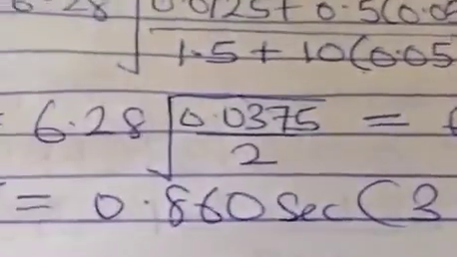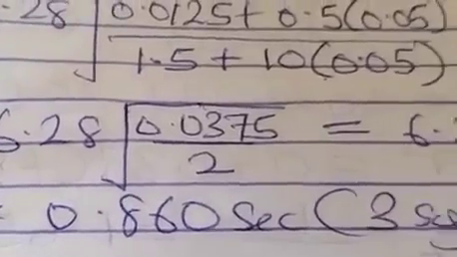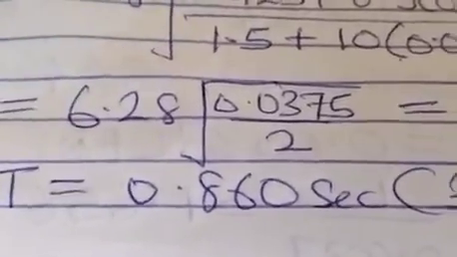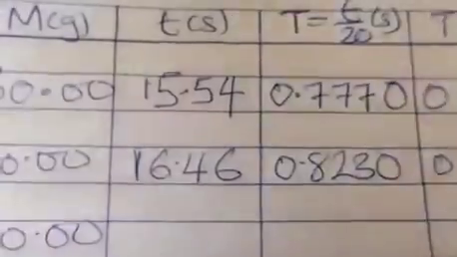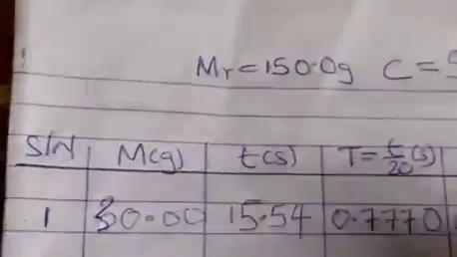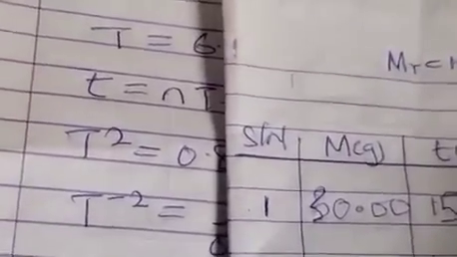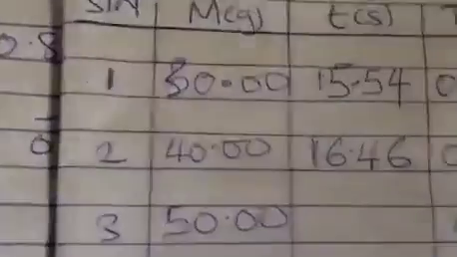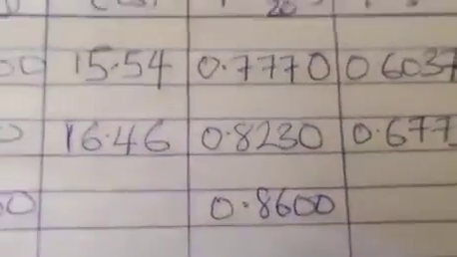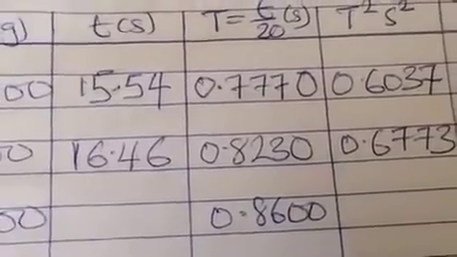So 6.28 multiplied by the square root of 0.01875 will give us a period of 0.860 to 3 SF. Now report the period under the period column as 0.8600. Keep your values to 4 SF.